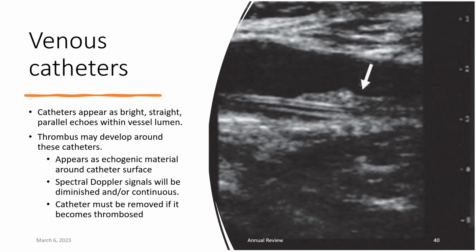You're going to see them as a parallel bright lumen within the vein. If they start to develop a thrombus on that, that is important information to convey to your physician right away. That thrombus will appear as either a low-level echo or an echogenic material around the surface of the catheter, depending on the age of the thrombus. It has to be removed if it becomes thrombosed.